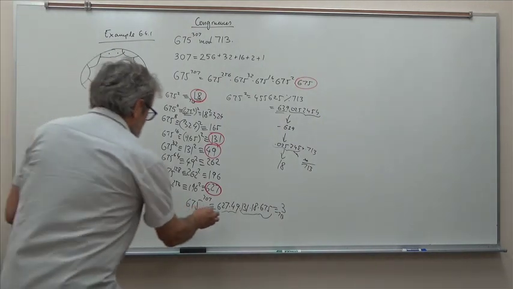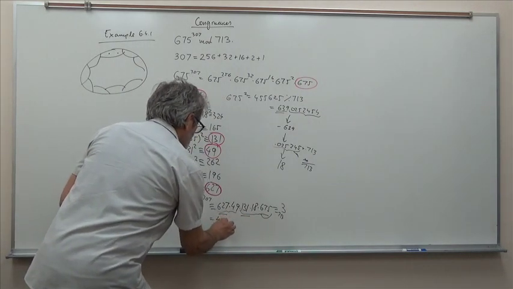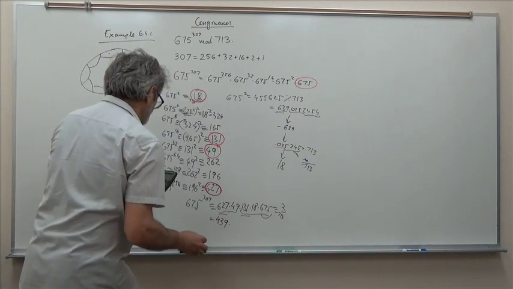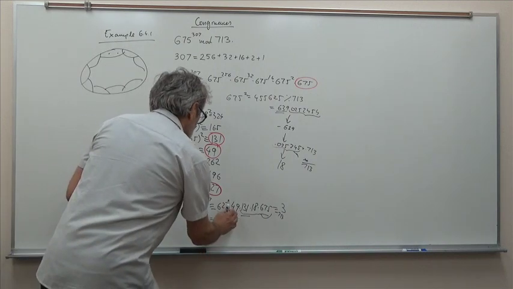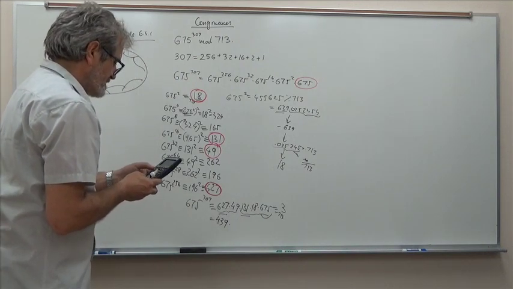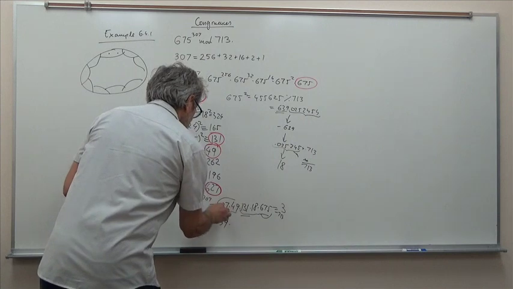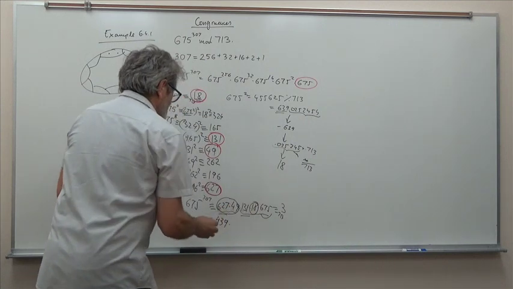So for these three I got 439. Let me make sure I know which ones I entered because I changed plans: 627, 49, and 18. So these three gave me that result.